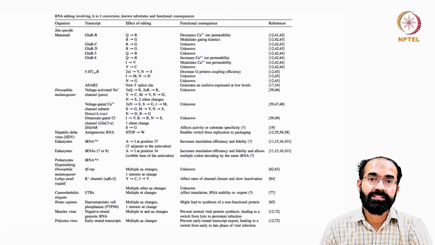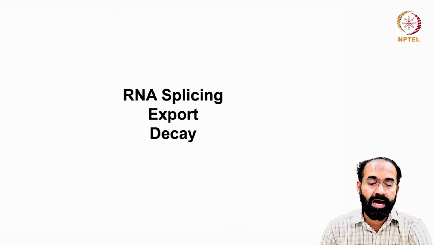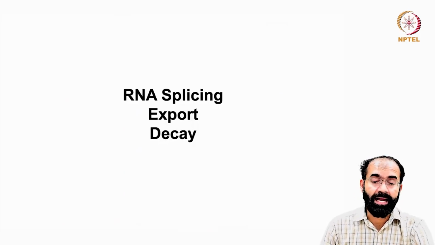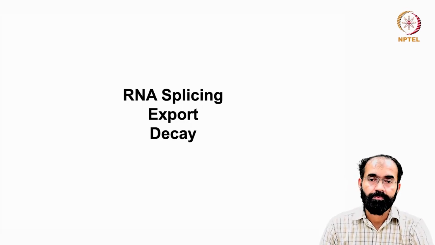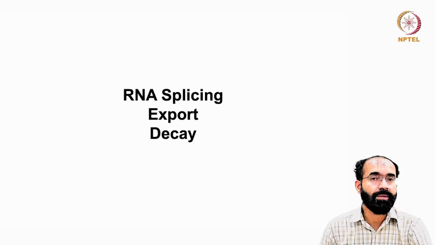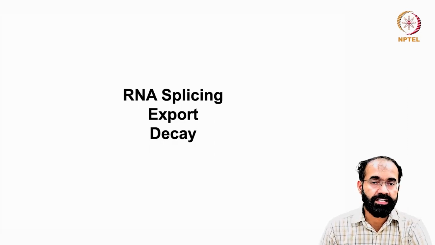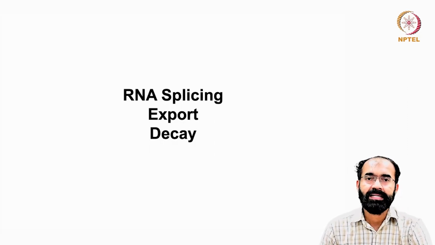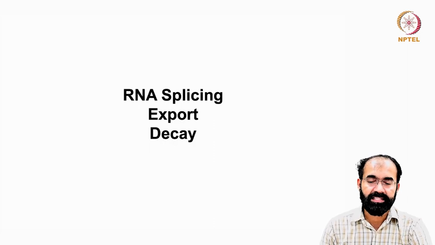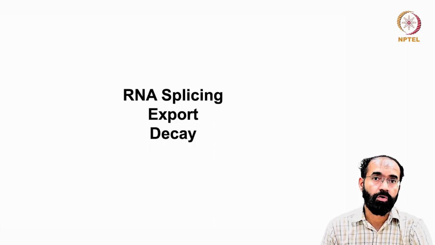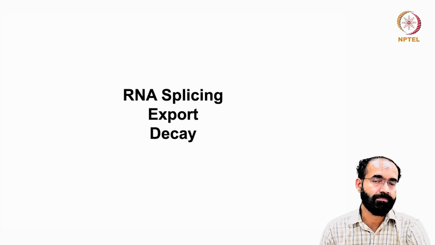Now we can understand in more detail about RNA splicing, RNA export and RNA decay, because this is also part of this section. In this section we may get into some topics which we may have already covered a little bit, but touching upon them is necessary so that you can first recap a little, and then it can also bring in the context and relevance of the topic being introduced.